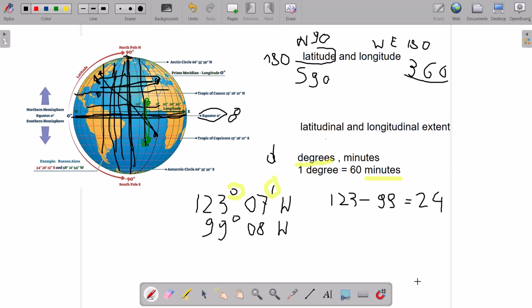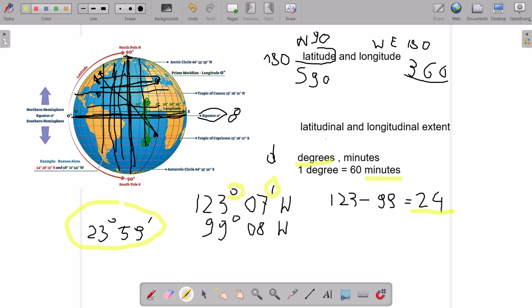And now we already have a problem because before we calculate, I know that the answer is 23 degrees 59 minutes. Right, that's what we should find. The longitudinal extent of these 2 points is 23 degrees 59 minutes.